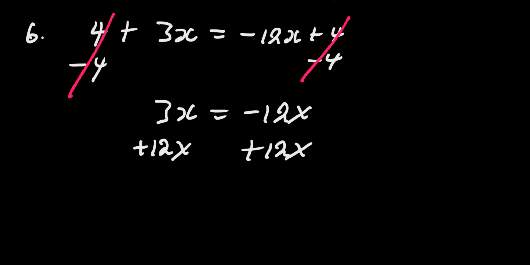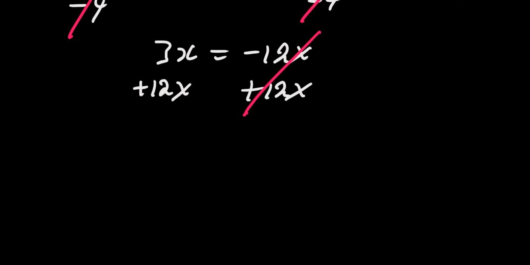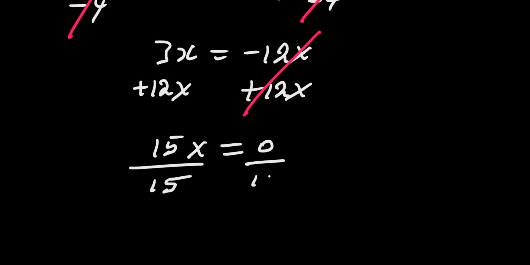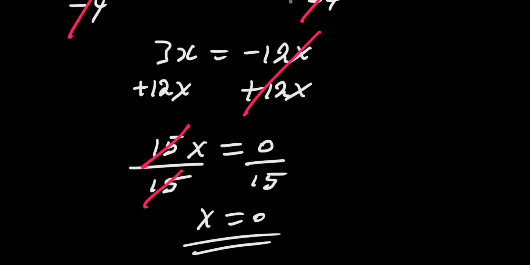Now negative 12x plus 12x is 0, and 3x plus 12x will give you 15x equals 0. So now divide both sides by 15, and 15 is going to cancel 15 from here, and 0 divided by any number is 0, therefore x equals 0. So this is the answer to this question.